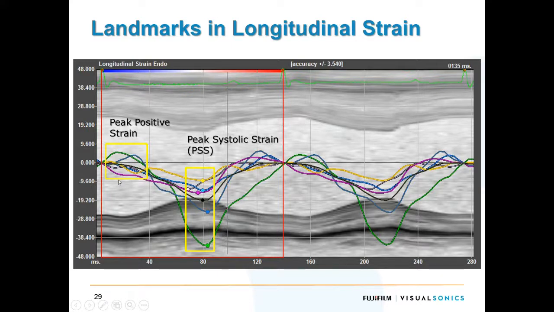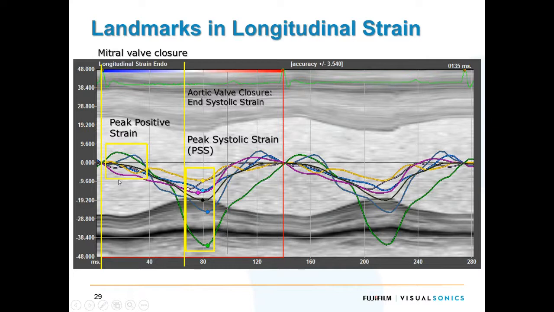This is a normal heart, but it becomes more pronounced in a diseased animal. You can also see where the mitral valve closes, and that's based off of where your ECG R wave is. And then another point is the aortic valve closure. This is a really important timing component of longitudinal strain, and it indicates the end of systole.